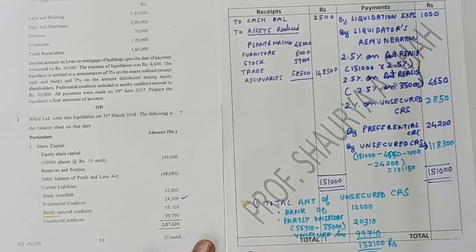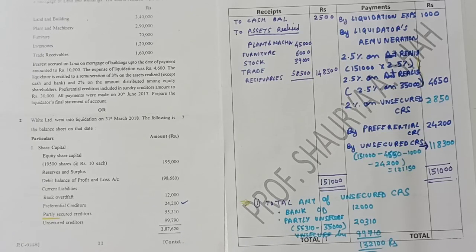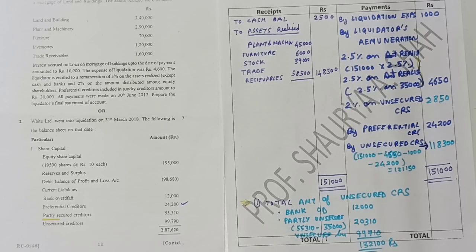If my 102 is this much, then 2 will be how much? Is it clear? Take note that after the unsecured creditors are paid, as you don't have enough money to pay the equity and preference shareholders, this will be the last portion paid, after payment of the liquidator's remuneration. I hope it is clear to everyone, right?